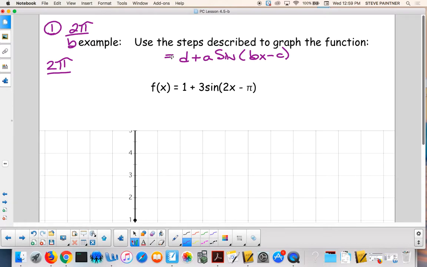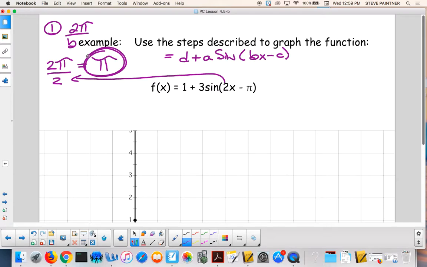Where's B? Which one's B? Yeah, this is B right here. Put it there. What's the period on this one? Pi. Do you guys know why it's pi? I mean, I know we got pi, but do you know why? Twos cancel. You people that were here yesterday, what was this number again?